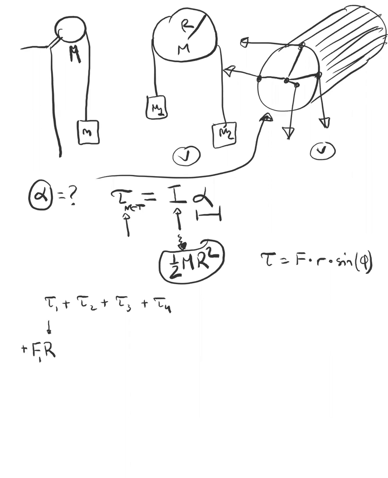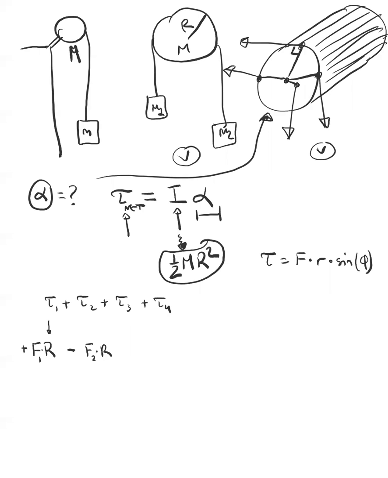The angle in this case is 90 degrees. Sine of 90 degrees is 1, so this is just F1 times R. I will do exactly the same thing for force number 2. So I have force 2 times R, because it's also applied at the rim. The angle is 90 degrees. The only difference is that my second force is trying to rotate me clockwise, so I need to put a negative sign here.